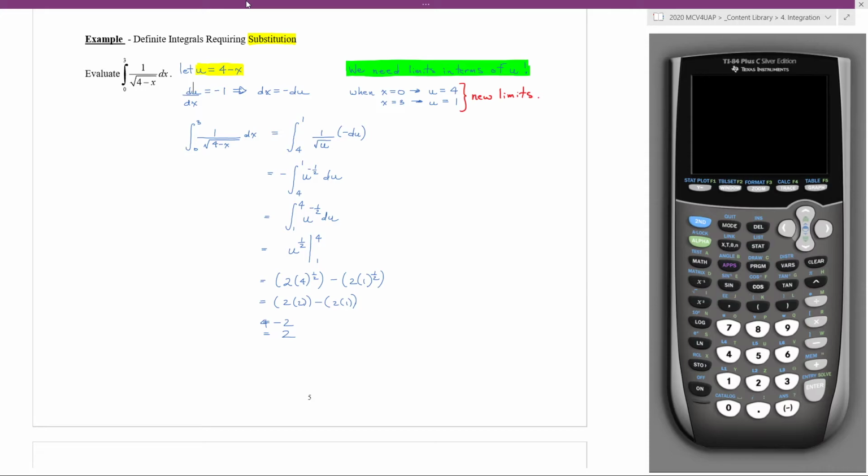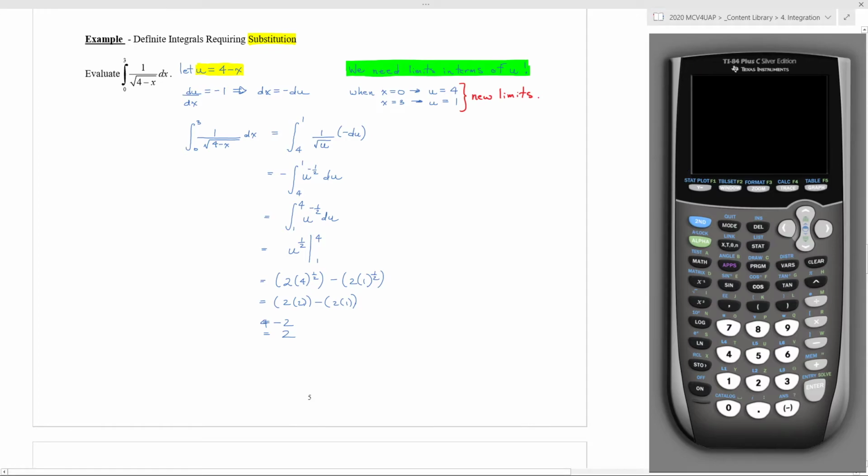I changed it from 4 to 1 in the second step with the negative outside the integral to 1 to 4. And when I do that, I just multiply by a negative, so the negative outside disappears. So I've reversed the direction of integration there.